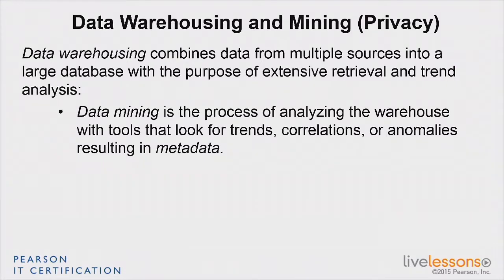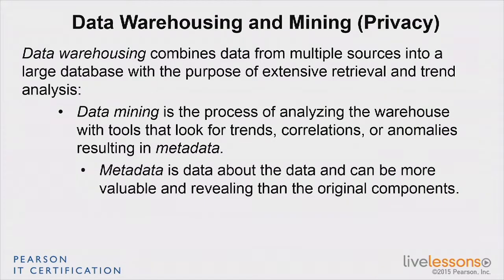Data mining is a process of analyzing the warehouse with tools that look for trends, correlations, or anomalies, resulting in metadata. Now, metadata is data about data, and as we've talked about before, can be more valuable and revealing than its original components. So when we start putting all of these pieces together, we can extract information which can result in a violation of privacy.